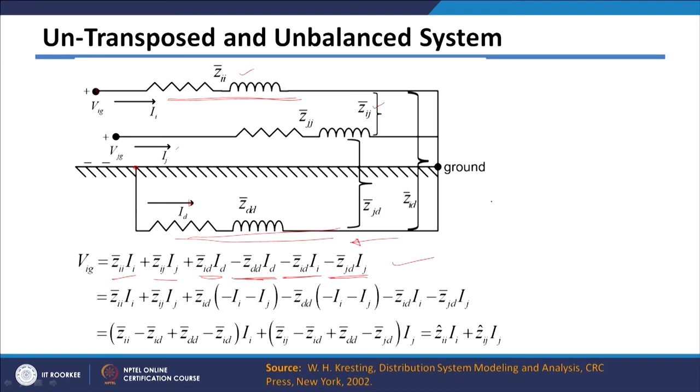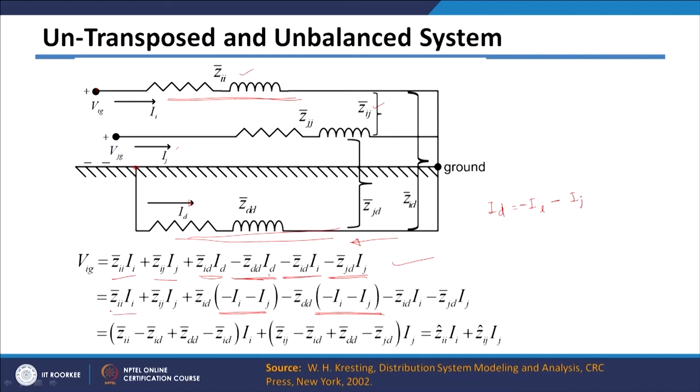Now, as I told you, your Id current will be just minus Ii minus your Ij current. So, instead of Id I can put minus Ii minus Ij. Here also there is Id, instead of that I can put minus Ii minus Ij here, and then I have taken all the terms which are related to Ii and Ij together.